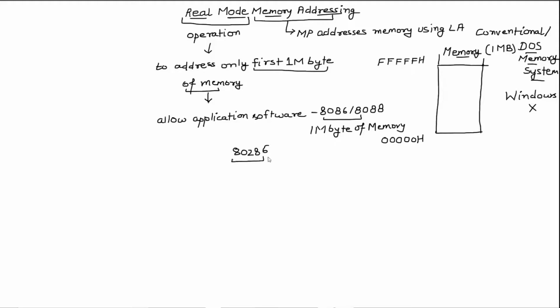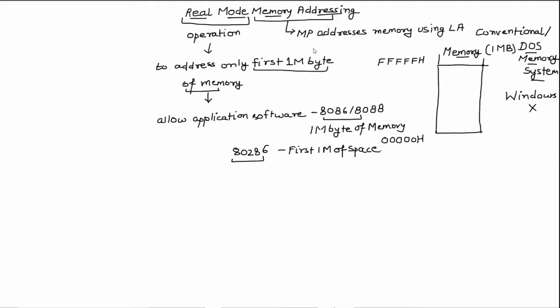So in the 80286 microprocessor, the application software will have to work in only the first 1 megabyte of memory space.